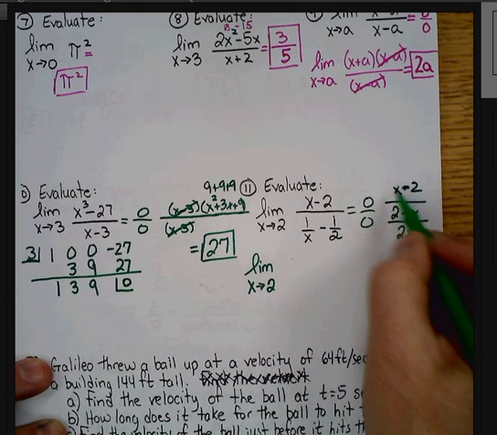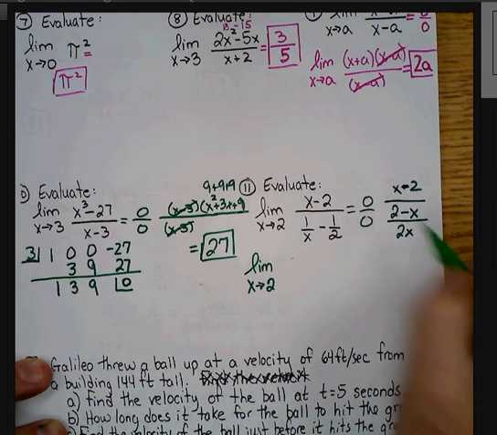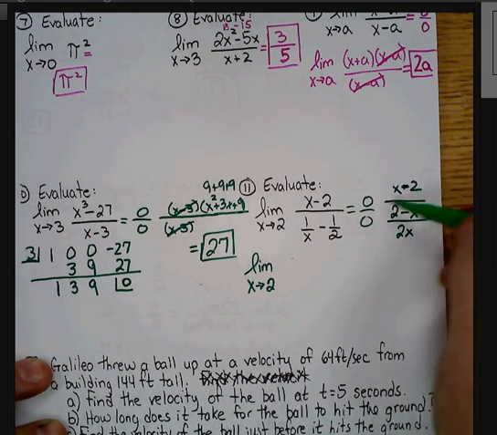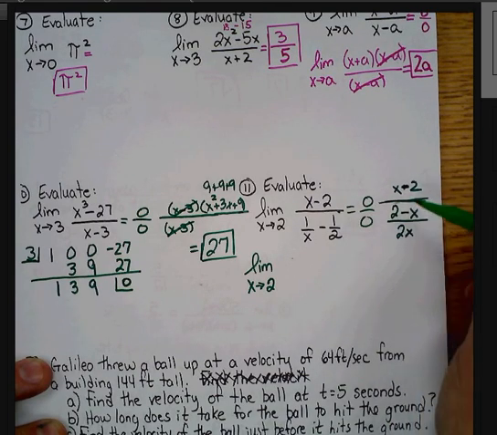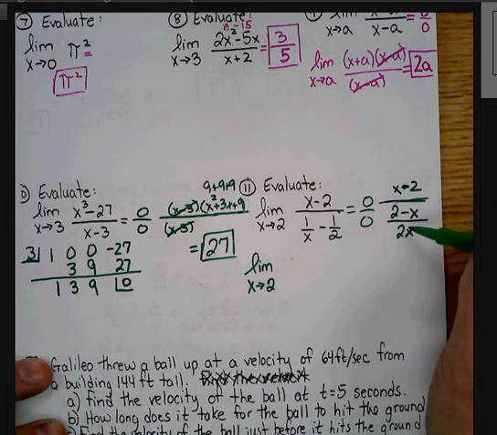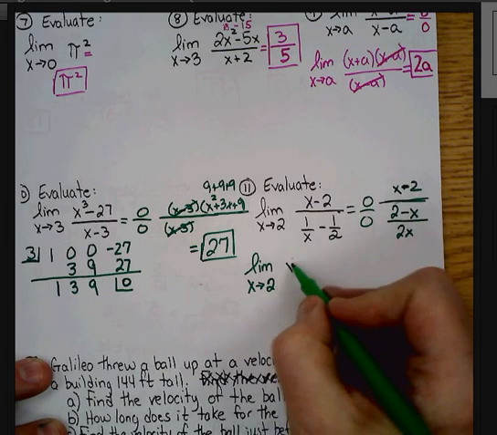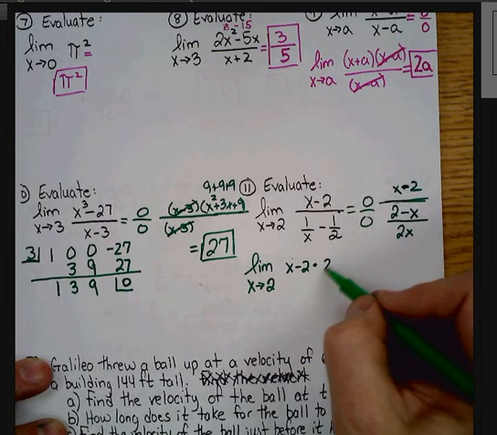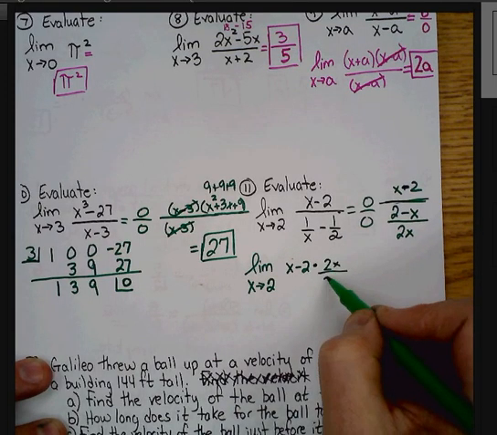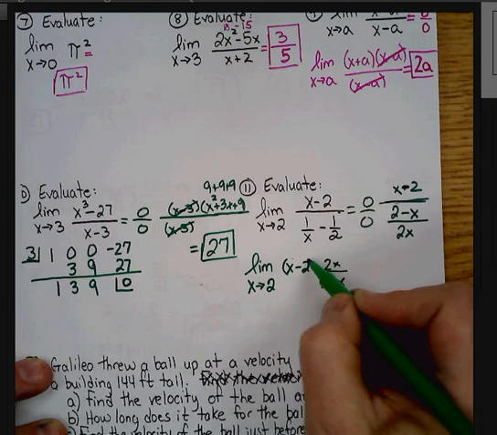I get x minus 2 over 2 minus x, then over 2x. This piece here, this symbol, means division. So I'm going to have a fraction divided by a fraction. So this is stay. x minus 2 stays. The division changes to multiplication, and this fraction flips. Right?